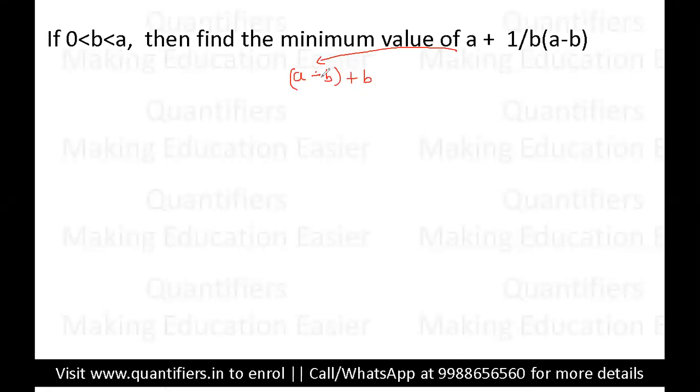Because students, if I subtract B and add B, these are the two terms which are also given in the denominator. So ultimately, I have written down this expression as A minus B plus B, and the remaining term is 1 upon B into A minus B.